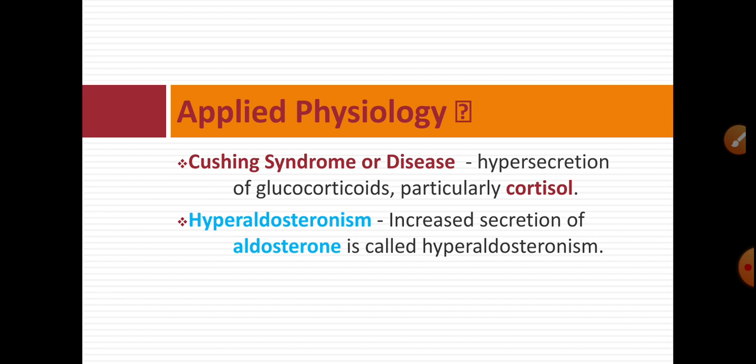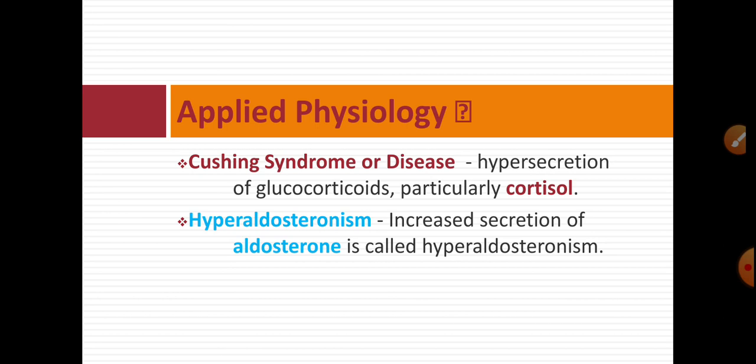Then after these two hormones, we have seen in this lecture the adrenal sex hormones that are secreted from zona reticularis. But adrenal sex hormones have insignificant effect because they are secreted in very small quantity, so they do not produce important effects, because in males androgens are already secreted from the testes.